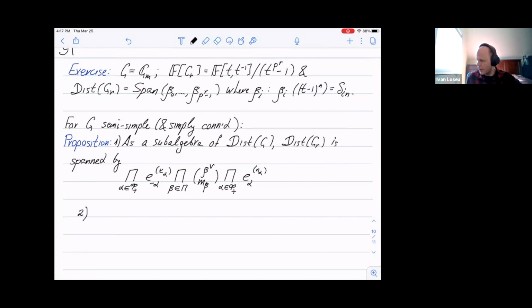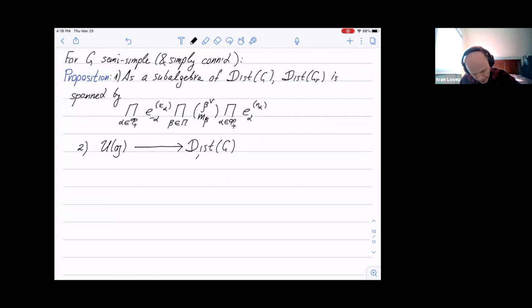And then recall that the universal enveloping algebra U of g naturally maps to the distribution algebra of the group. Now, inside here, I have a subalgebra, which is Dist_1 of G. And here I have a quotient, which is the reduced universal enveloping algebra discussed in the beginning of the previous lecture.